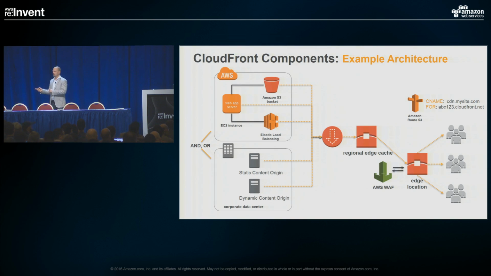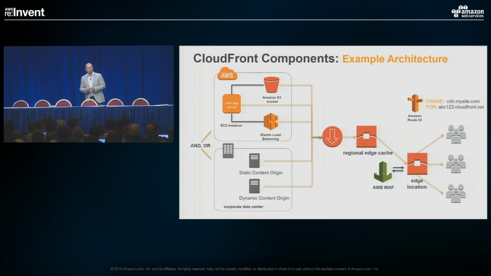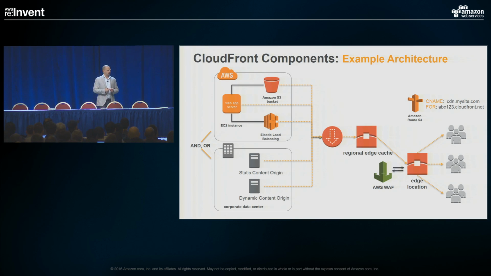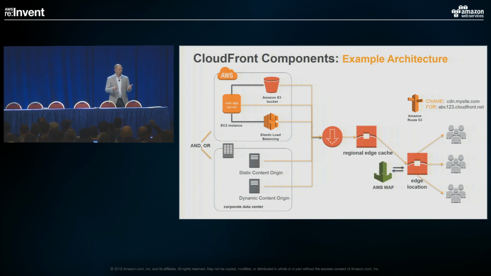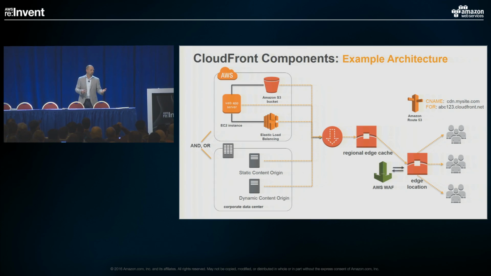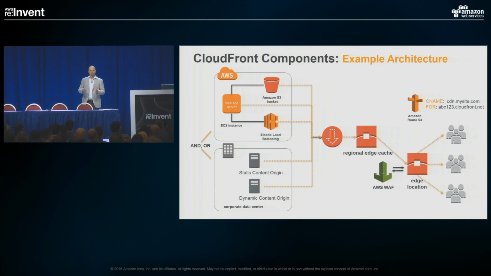In addition, it's connected to the local edge cache that's going to deliver the actual content. And if there is an AWS WAF rule, we will implement that rule upon request, and we'll either count the requests that come in, block those requests, or allow those requests based on the rules that you set up and their subsequent actions. So this is really important because it's not just an example architecture, it's an example default architecture for hosting a web application in AWS and using CloudFront to your advantage.